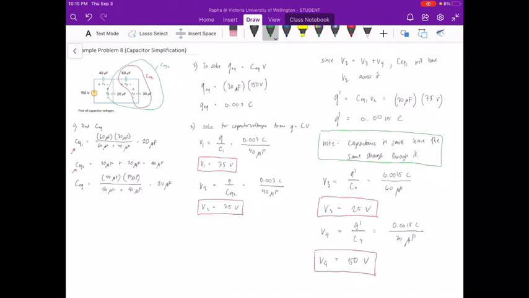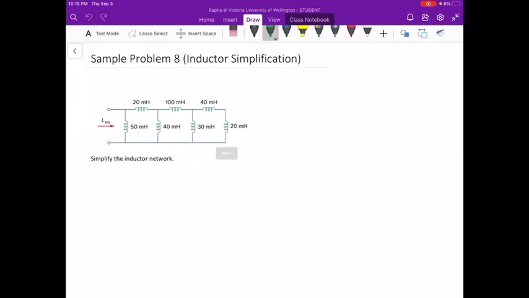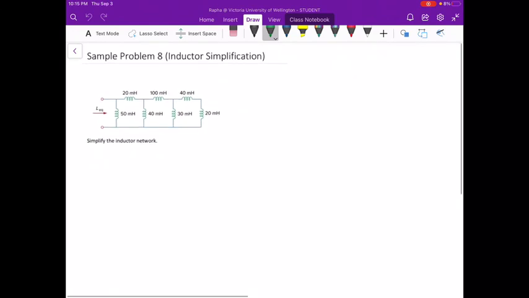Now, moving on to another type of problem that involves inductors. So this one's pretty easy, since inductors will be treated in the same way as resistors are. The problem asks us to simplify the inductor network.